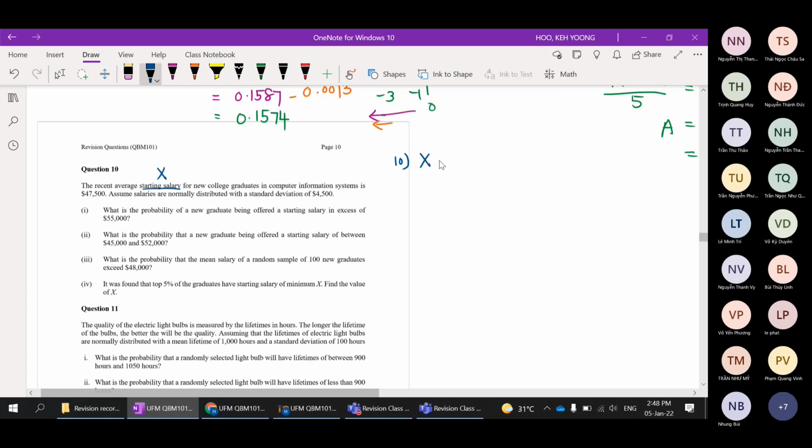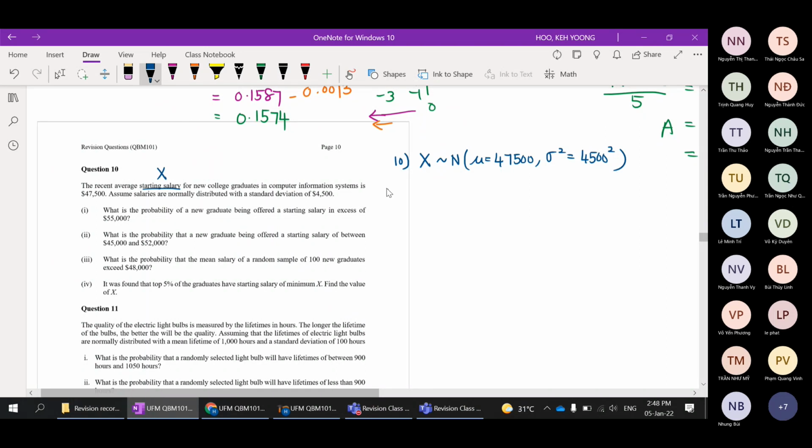X, the salary, follows a normal distribution with mean 47,500. Remember, when you write in this format, we always write the variance, not the standard deviation. So we need to square the value 4,500.